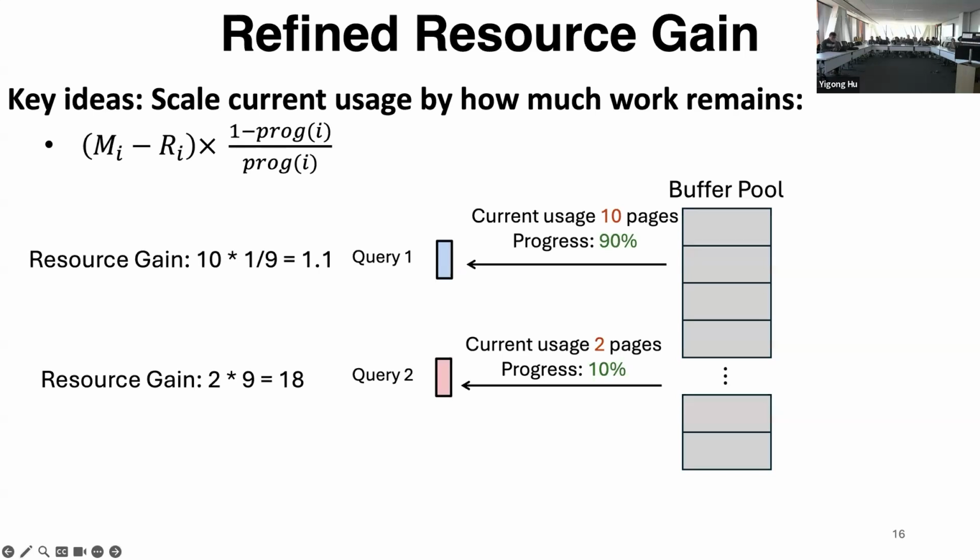And maybe you'll talk about it, but how do you know how much progress a query has made? That's a very good question. So for us, we have defined a simple get-next model. Basically, for all database systems, we know how many rows are currently executed, and we extract how many rows it will execute, and we divide these two numbers to get the exact progress.